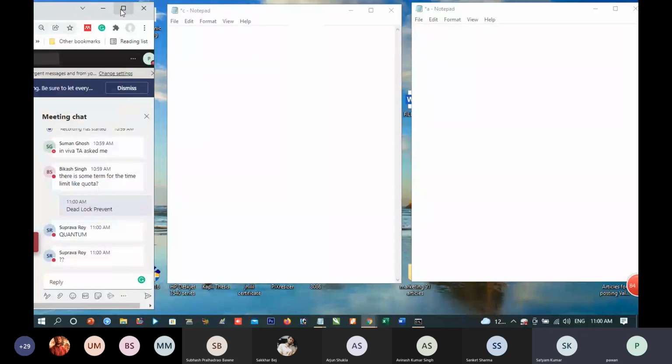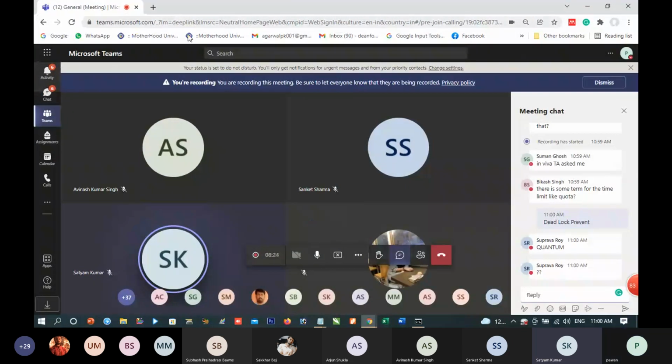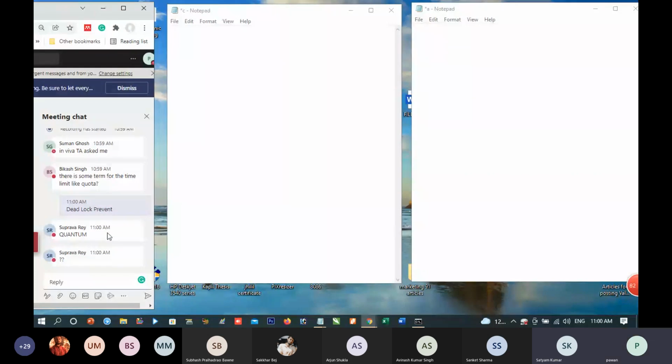Okay. Now, at present, we are seeing deadlock. And there are multiple methods to handle the deadlock. Today we shall talk about the weakest method, which is called preventing the deadlock.